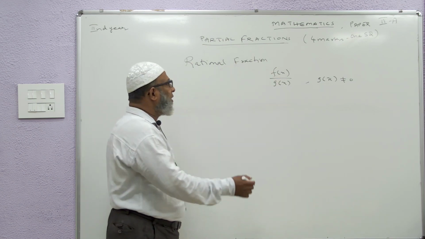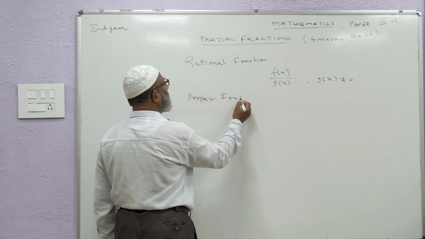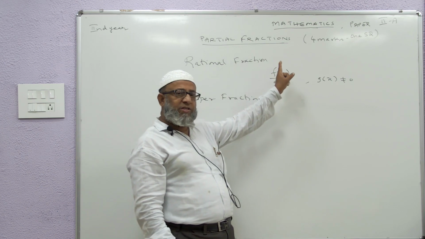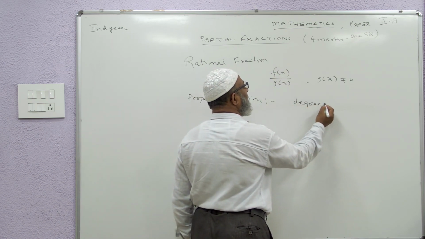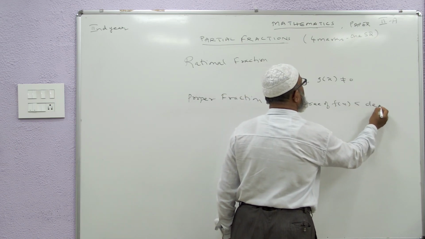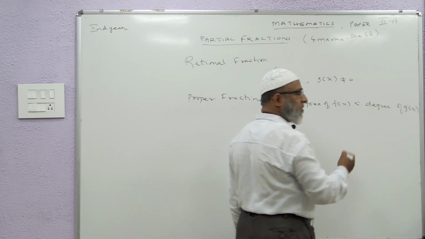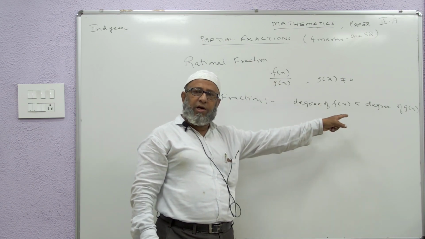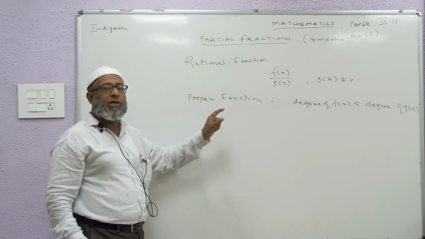Now, first of all, what is a proper fraction? A proper fraction is one in which the degree of f of x is less than the degree of g of x. If the degree of f of x is less than the degree of g of x, then we say that it is a proper fraction.